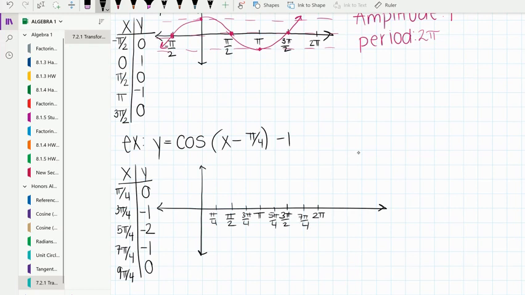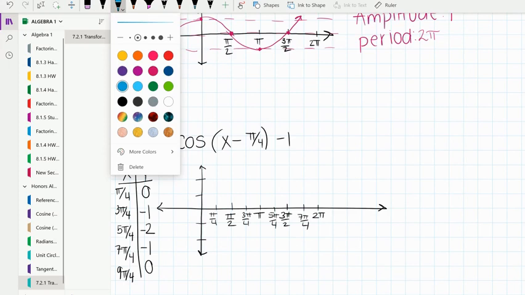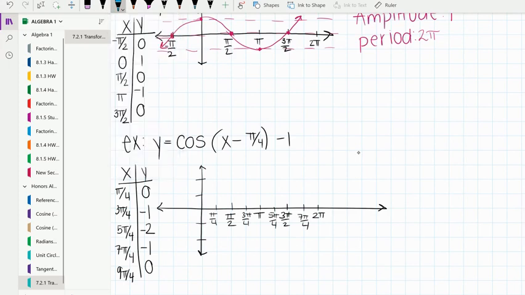All right, and then we're just going to go by ones as usual on the y, and we will pick a new color. So the midline is going to be -1, and then the amplitude is just 1 because there is no a value.